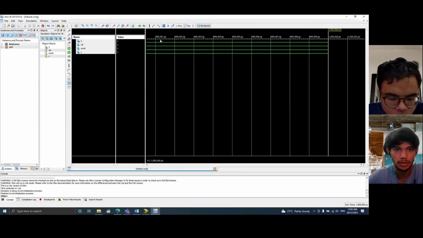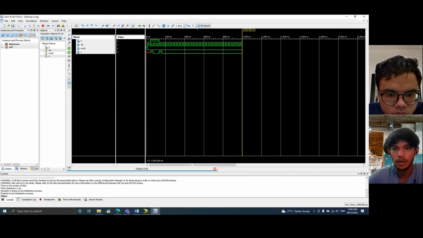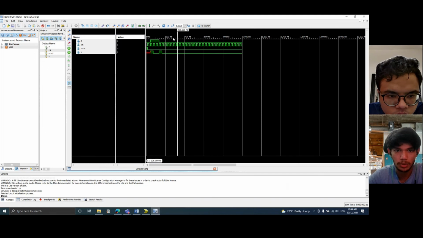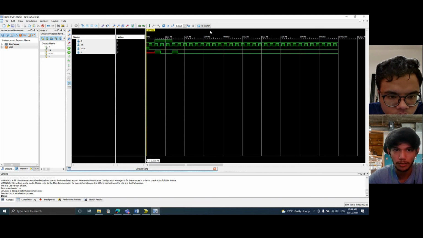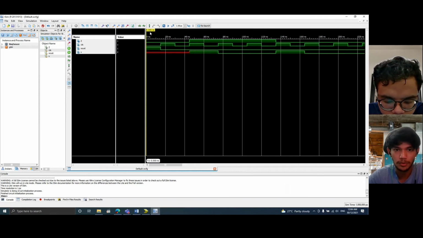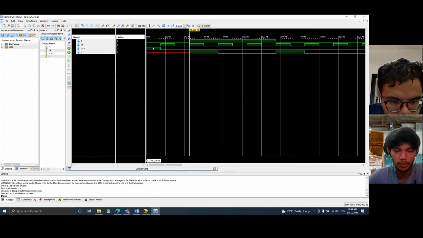What we can see here, we minimize first. The output for the digital signal can be seen here. For the first 15 nanoseconds, the reset is active until 45 nanoseconds, and Z will be 0.